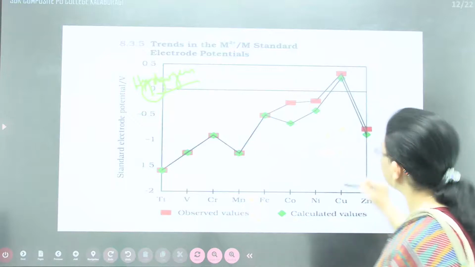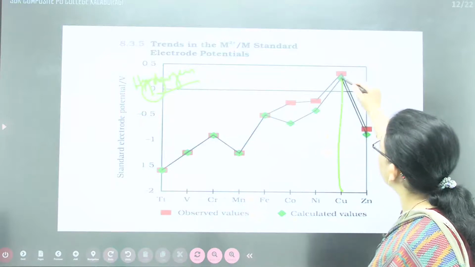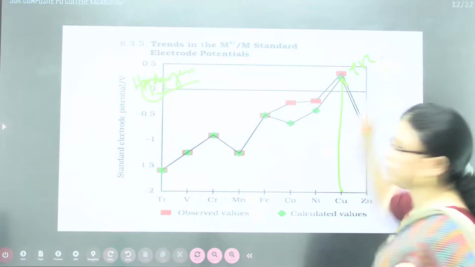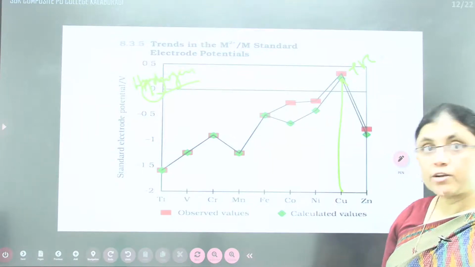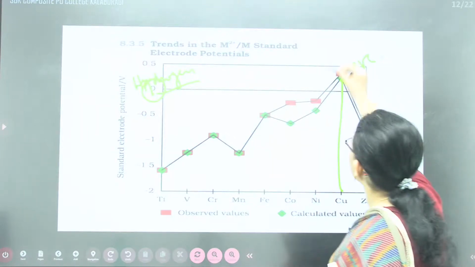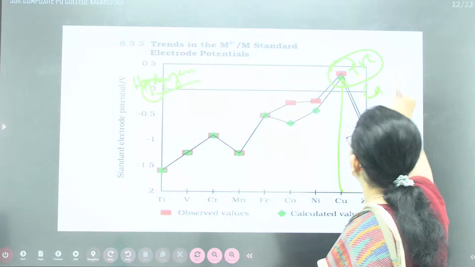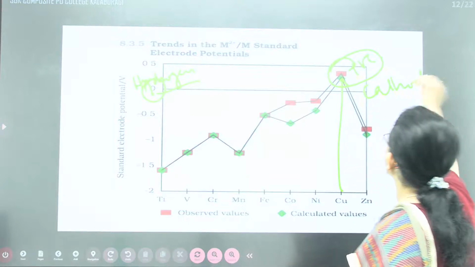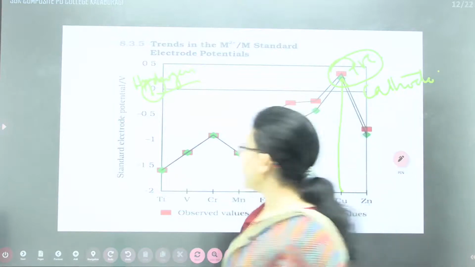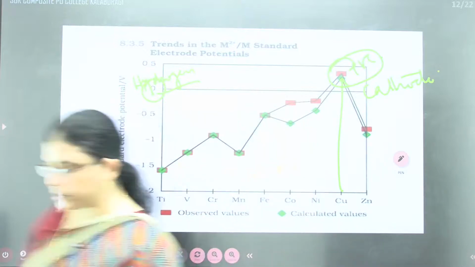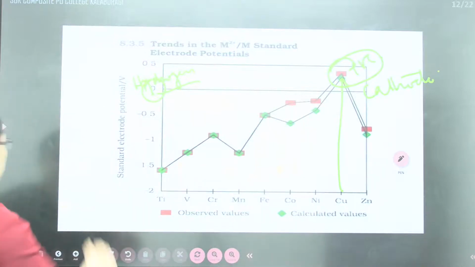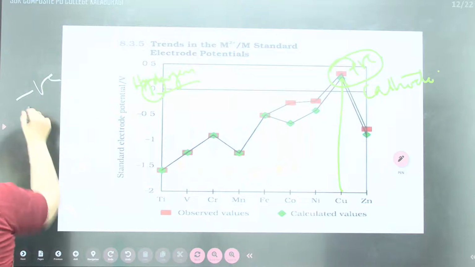You can observe that copper is at the positive level. When copper shows a positive value, it acts as a cathode. It acts as a what? Cathode. And those with negative SRP values behave as an anode. They behave as what? Anode.